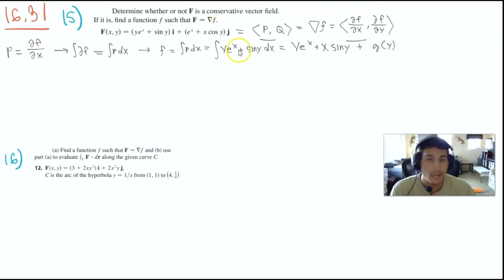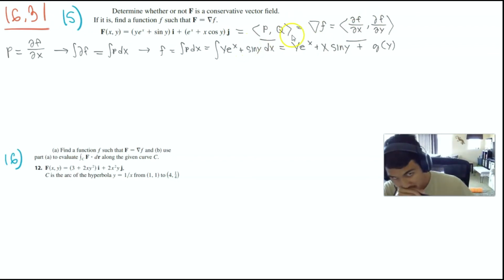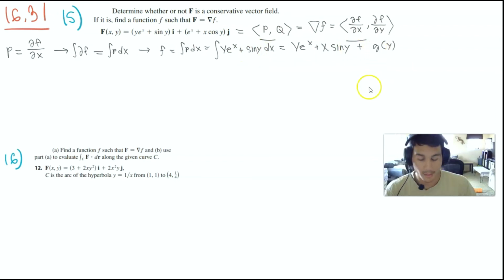So I just like to think in opposites here, right? P, df, dx. Like, so we go P dx, and then later on we'll have g(y). If that doesn't make sense, you need to find some other way for yourself to kind of remember how this process goes. For me, it helps me to think in opposites.